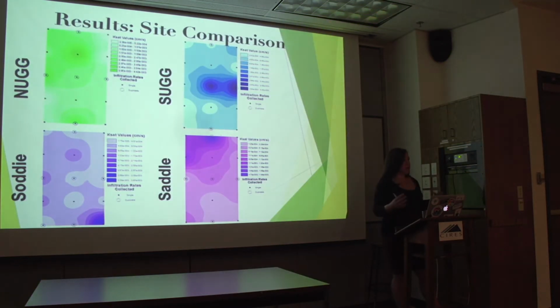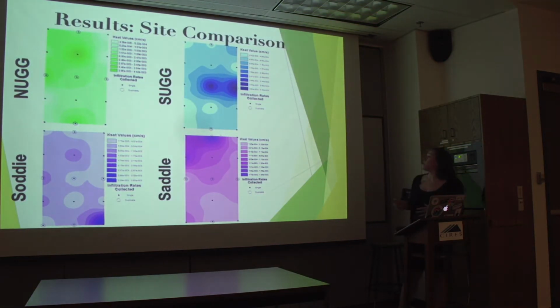And just to compare all the sites next to each other, they're going from lowest elevation to the highest. And you can really see that the soil texture correlates with those K values. Again, that really high infiltration rate means that water's flowing very easily through the soil. And then you get down to these really dense, silty loam areas.